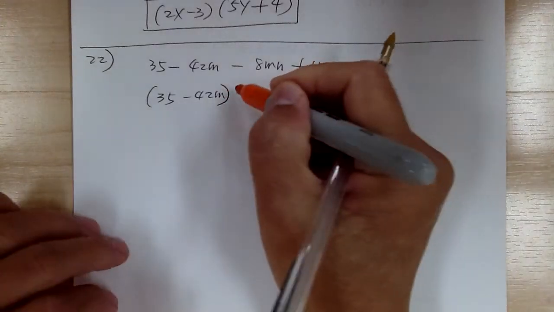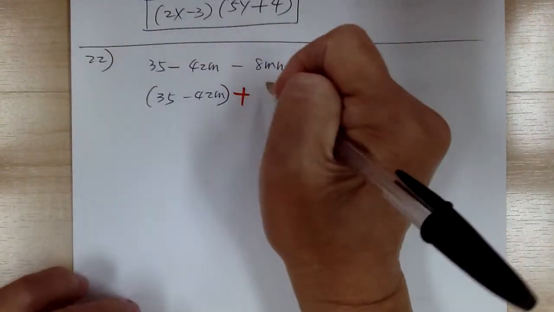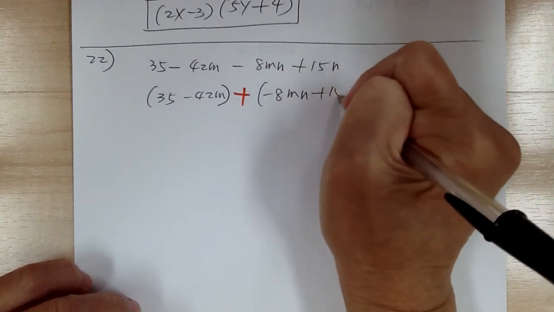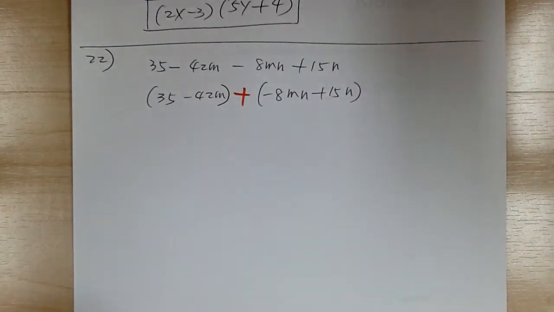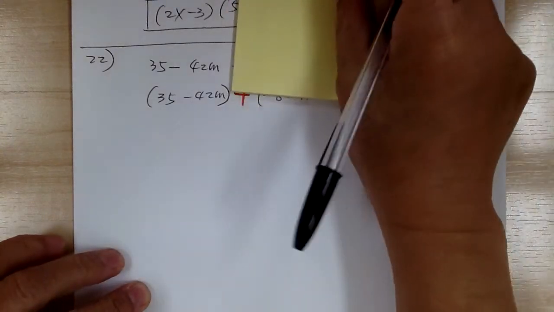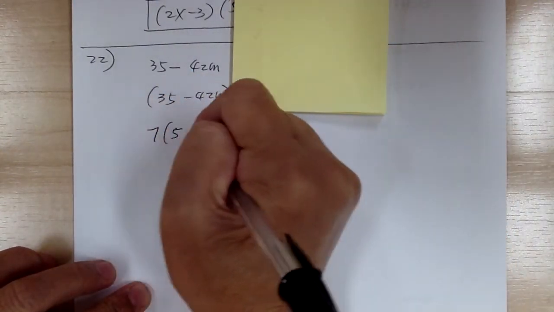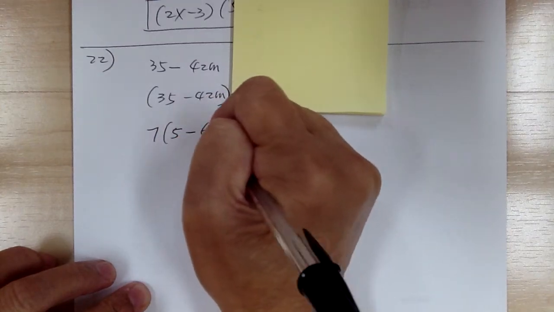Okay, go and group them for now. So plus, got negative 8mn plus 15n. Okay, so the first half, you can factor out the 7. So you're going to get 5 minus 6m.